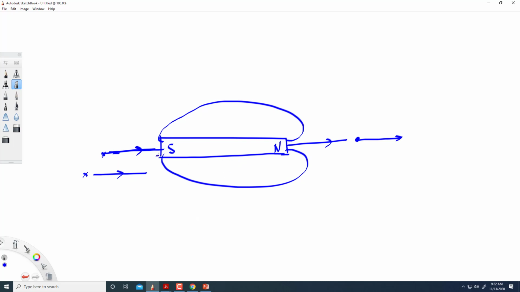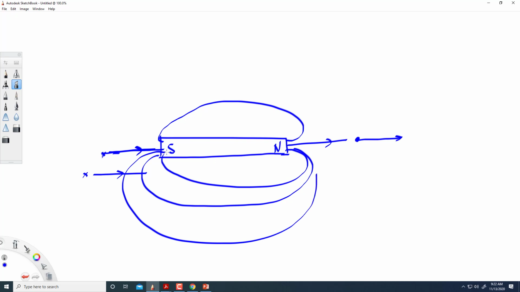And how about down here? It's going that way, that way, that way. So what's the magnetic field direction at that point? To the left, yes. Whenever you have this kind of curved magnetic field, the magnetic field at a particular point would be the tangent line.